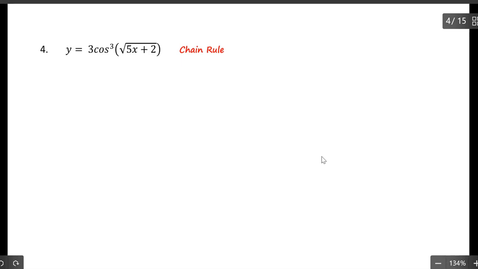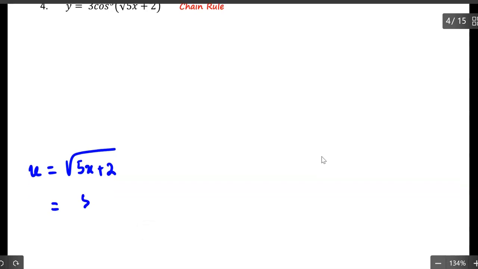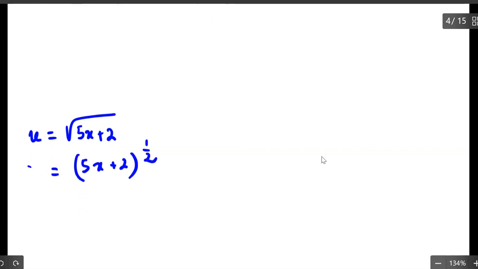All right, so what I will do is identify the u, and I will find the derivative of u right away. So u will be equal to the square root of 5x plus 2, which means it will be 5x plus 2 raised to the exponent a half. So du over dx is equal to, okay, I take a half and multiply to the front.